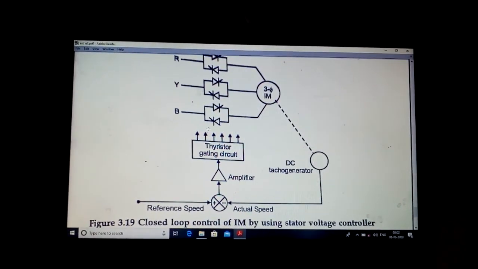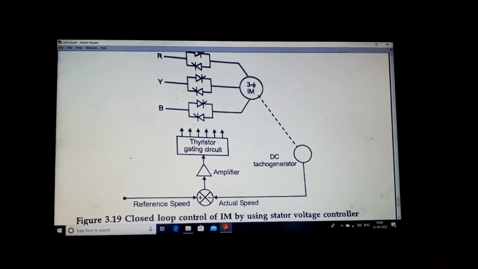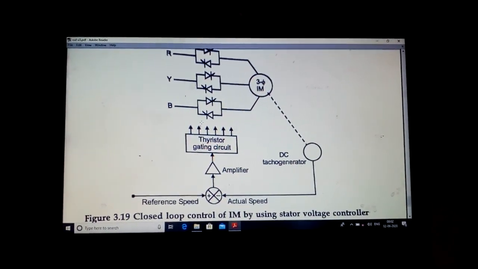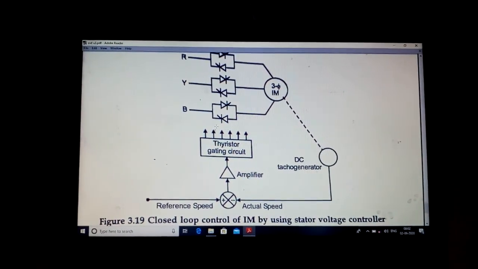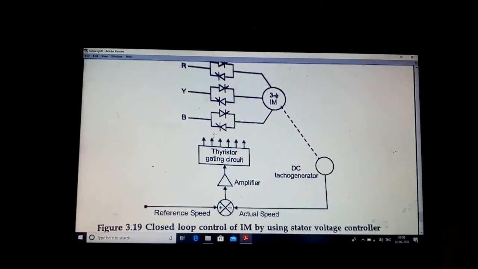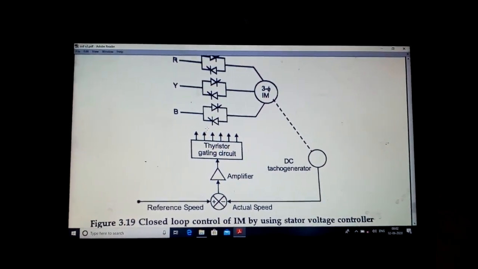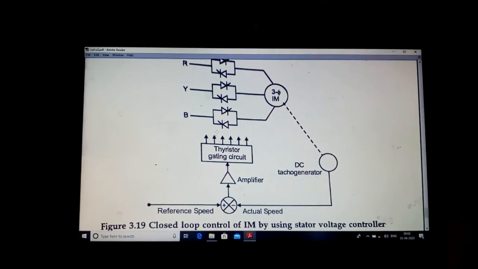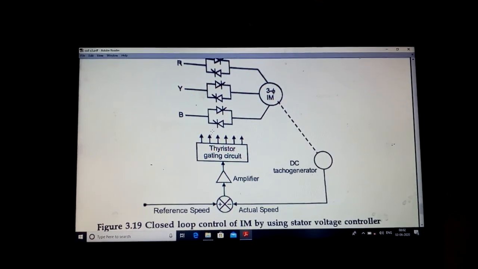The DC tacho generator converts mechanical power into an electrical signal. That signal is given as feedback to the amplifier and thyristor gate triggering circuit. Here the reference speed is already set at the speed we require, and the actual speed comes from the induction motor.